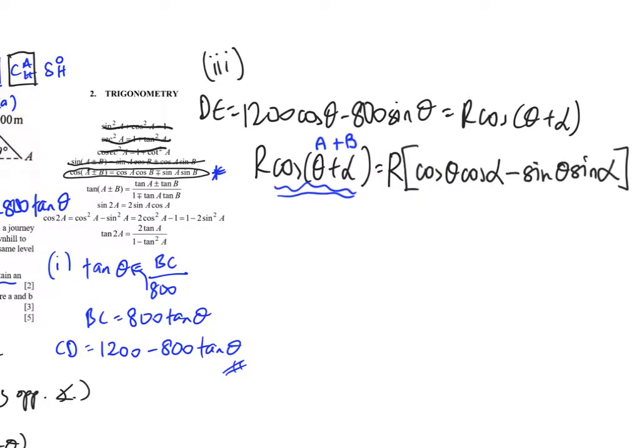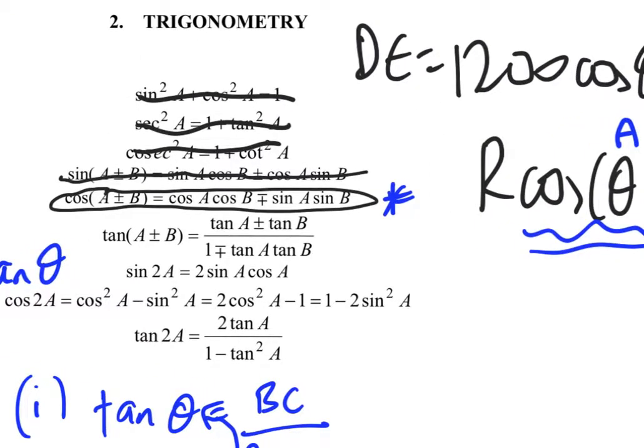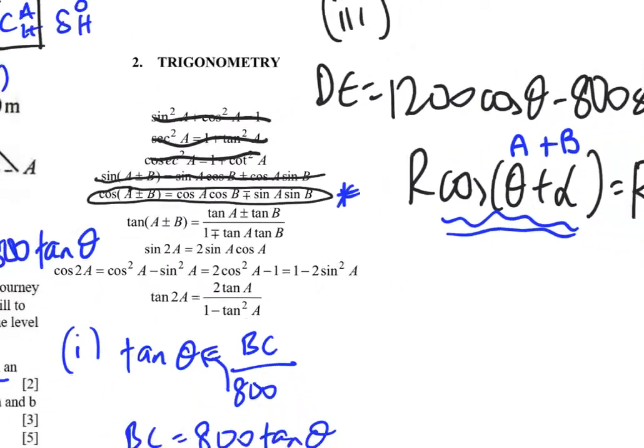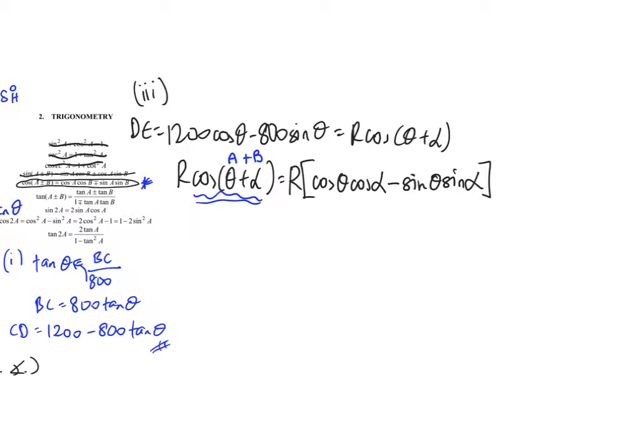Because we have to follow the order of the formula. If you look at the formula, cosine A plus B, there is a minus there. And if it's cosine A minus B, it's going to be a plus instead. So what is the next step? The next step is to multiply your R back in. So this is equal to R cosine theta cosine alpha minus R sine theta sine alpha.